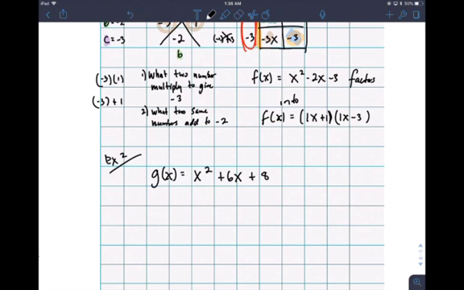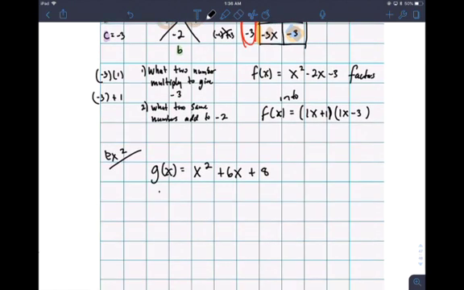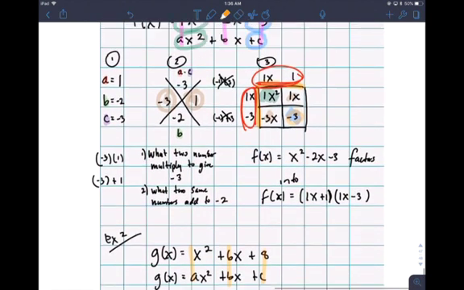Again, this is my suggestion, so write it down. I'm going to write g of x is equal to ax squared plus bx plus c. So again, notice that everything matches. If you do it, it's very easy to see what a, b, and c are equal to, and then you're going to need that for the steps.